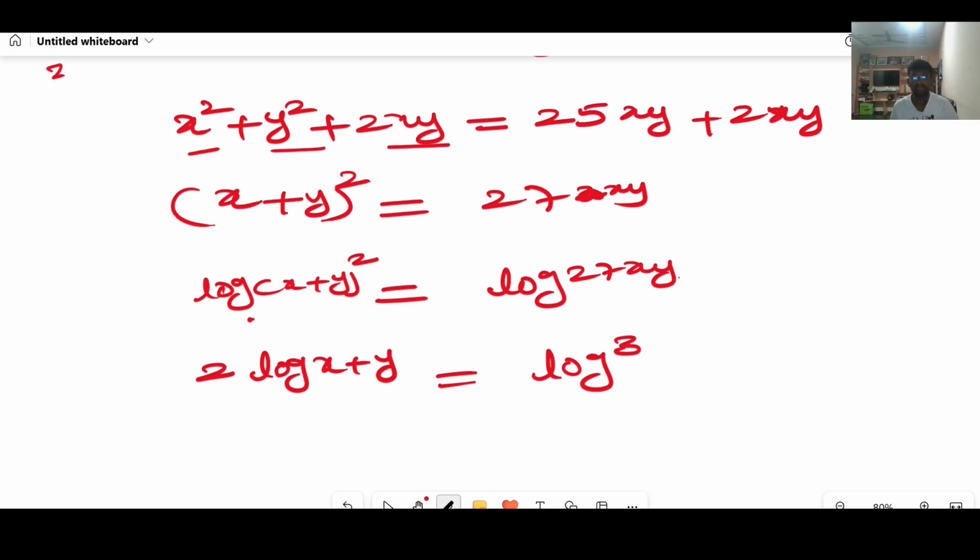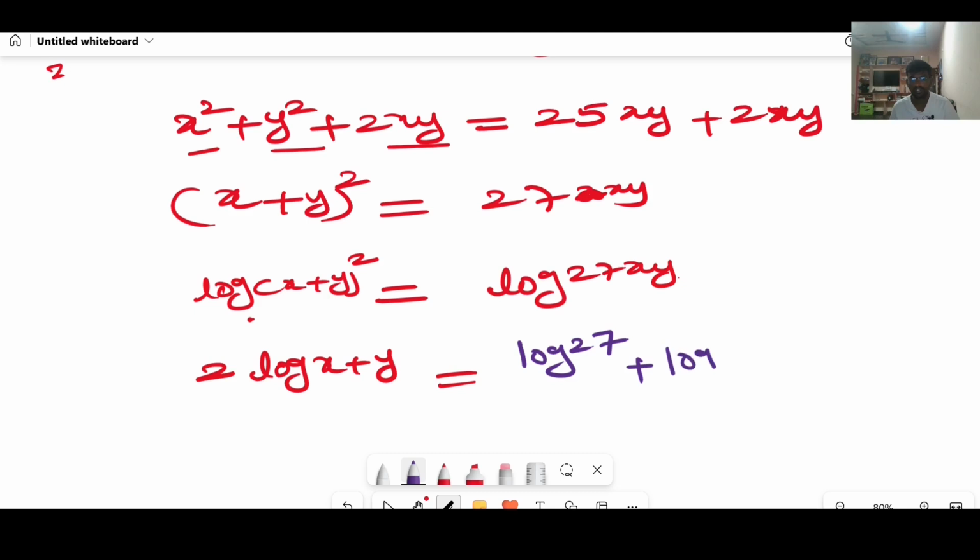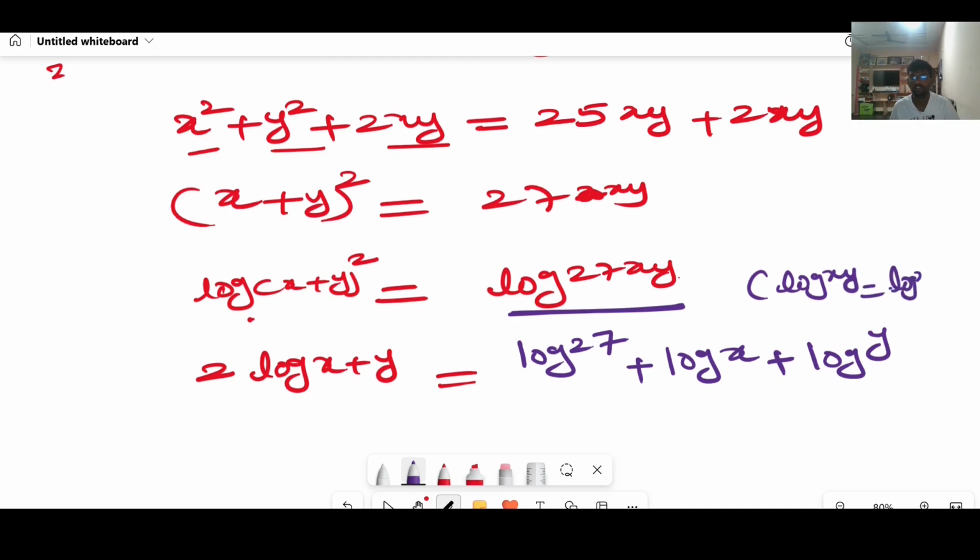Okay, we will discuss. I will write it as log 27 plus log x plus log 5 by using product rule, right? xy is equal to plus log y. We know that one.